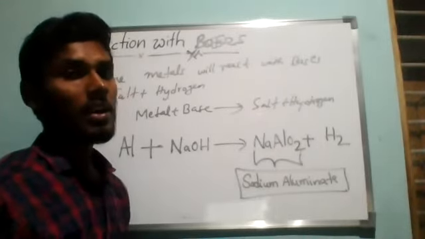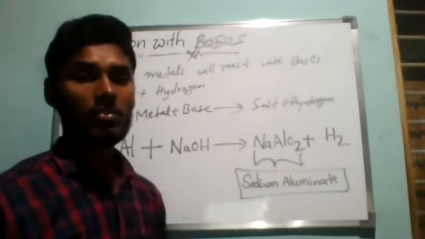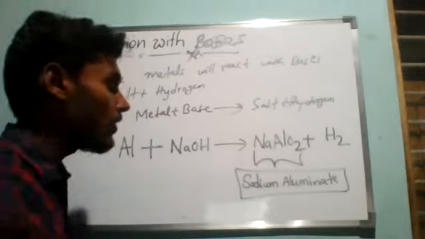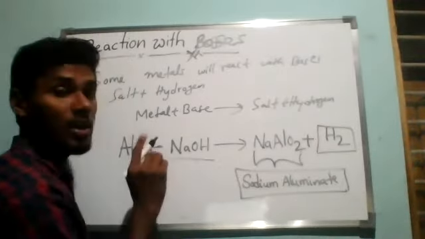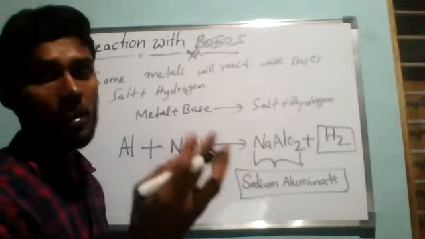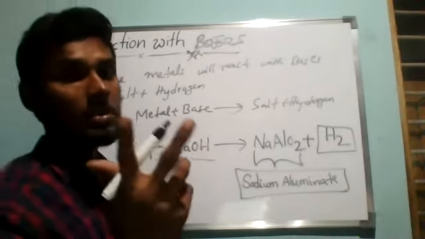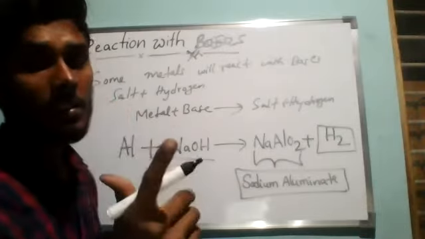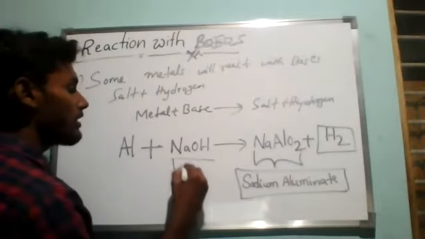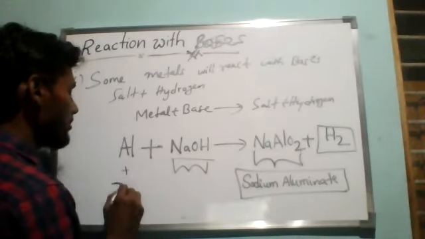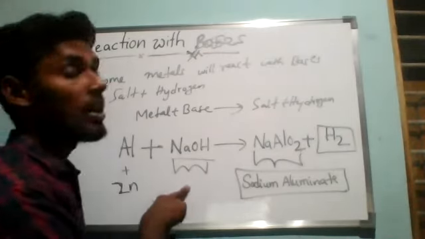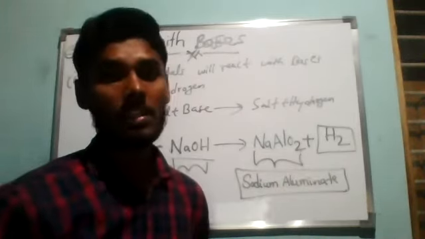Like that, zinc metal also reacts with sodium hydroxide solution to form hydrogen gas. Aluminium and zinc are the two common metals which react with bases like sodium hydroxide and produce hydrogen gas.